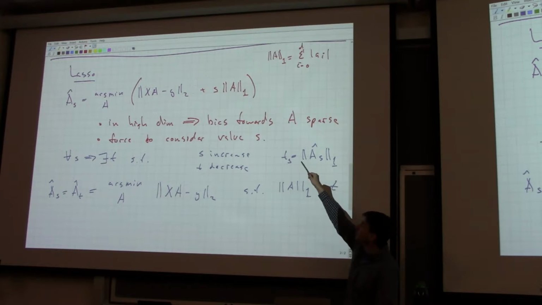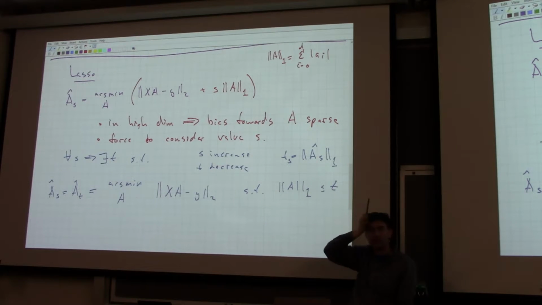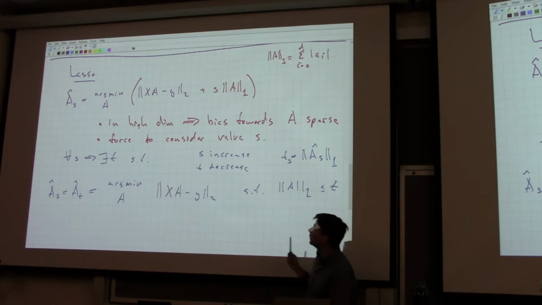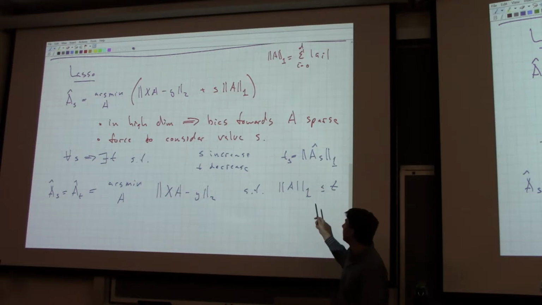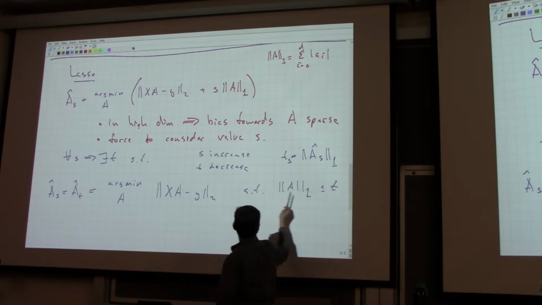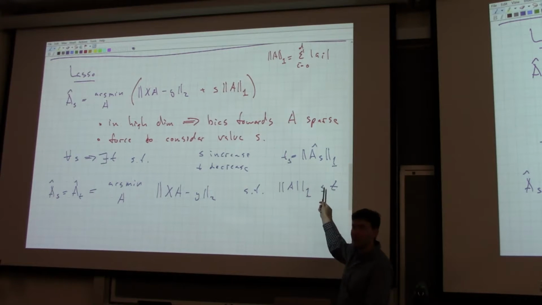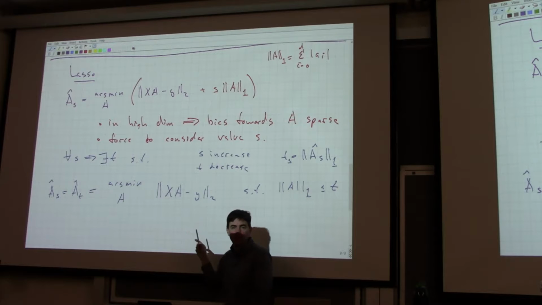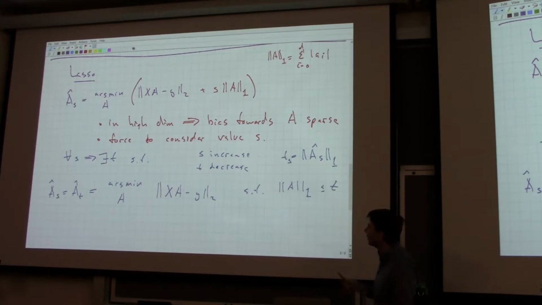So I solve this expression for some value s, okay? And then I take t_s. And so I know that this value of a_s I found is going to satisfy this condition. It's going to be less than or equal to t. In fact, it's going to be exactly equal to t. And that one is going to be the one that minimizes this expression. So I can get this trade-off. So I can write it in either form.